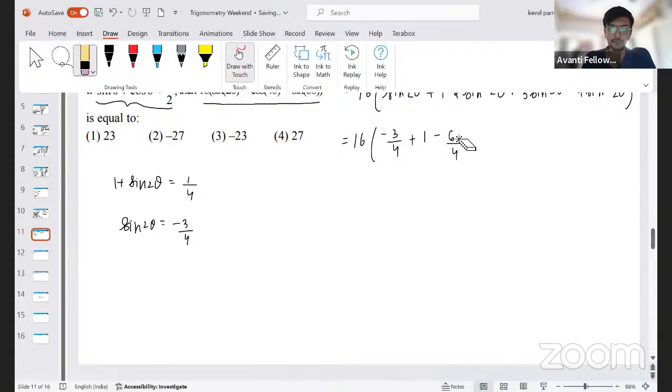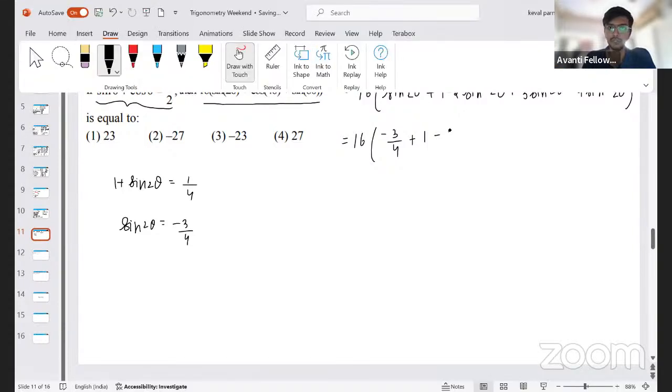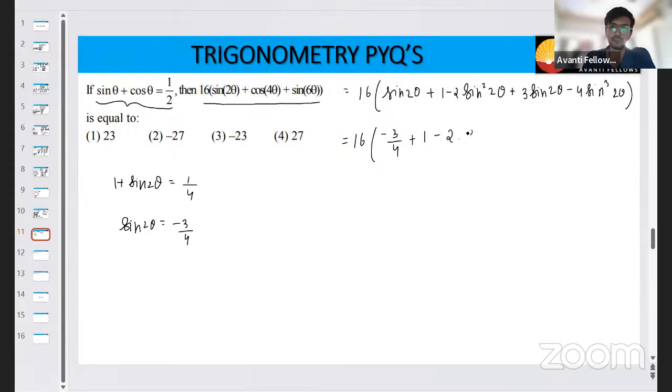Sorry. This will be minus 2 into sine square. So 9 by 16 plus 3 into minus 3 by 4 plus 4 into 27 by 64.